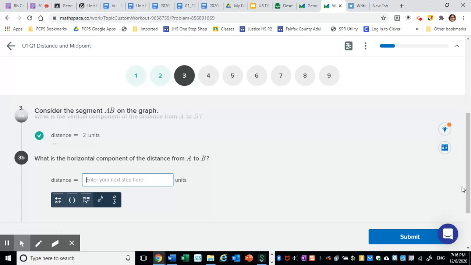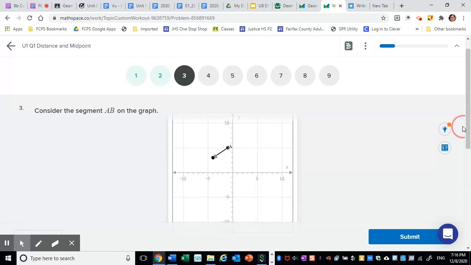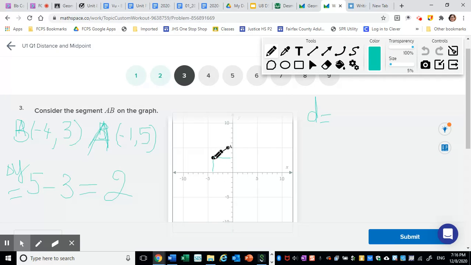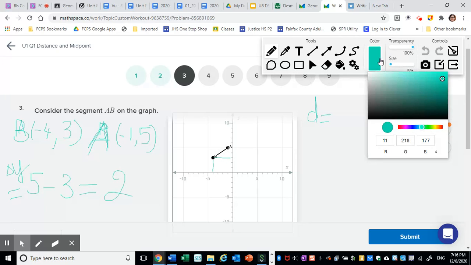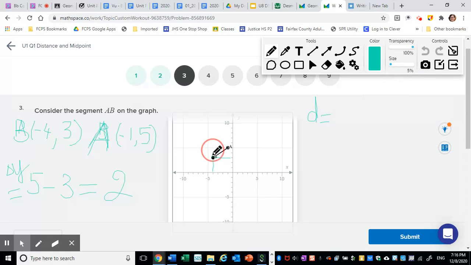Then the next one they ask for the horizontal difference, which means the difference in x. The difference in x would be from here to here, from -4 to -1, which is 3 units. How do you find that?